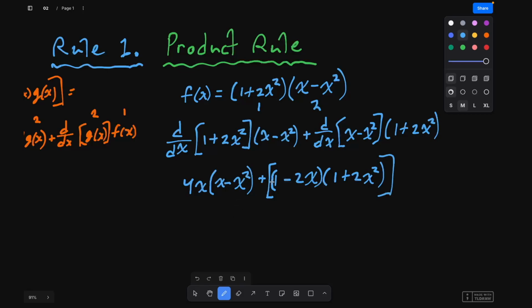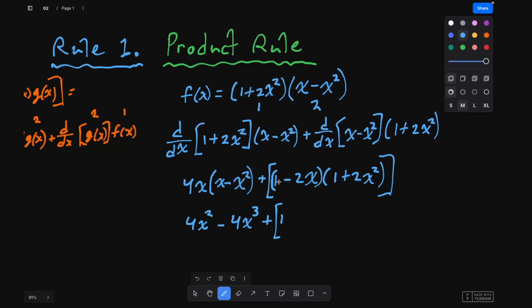And now our calculus is done, and we can simplify. We have 4x times x, that is 4x squared. And then we're going to have 4x times negative x squared. So that's going to be negative 4x cubed, because this is a 1 and then this is a 2 exponent. So that side's simplified. Then we have plus, and now we're going to have to FOIL this out. 1 times 1 is 1.